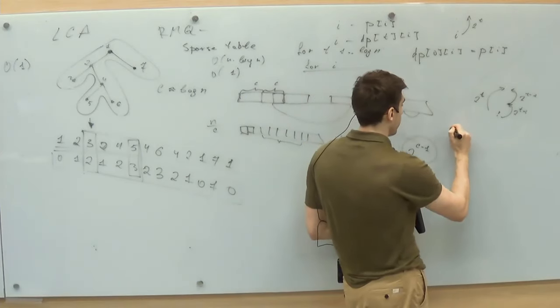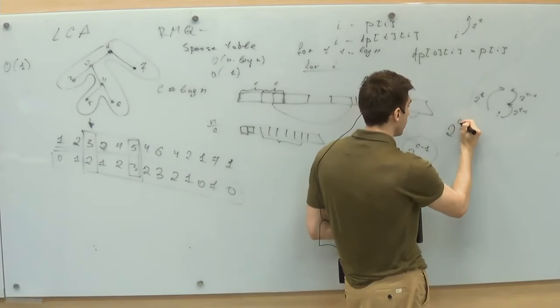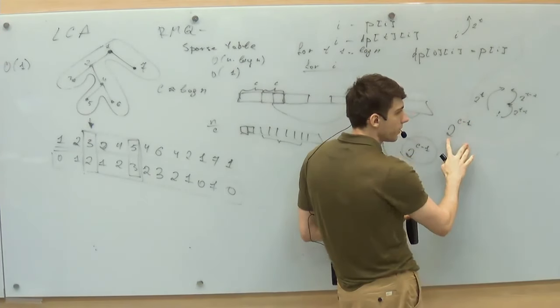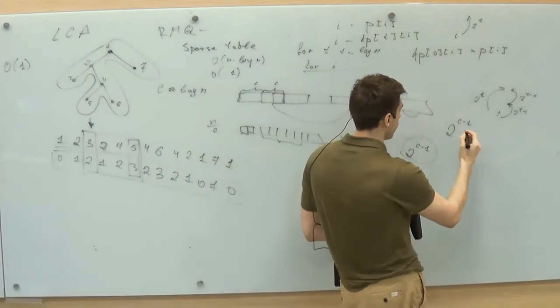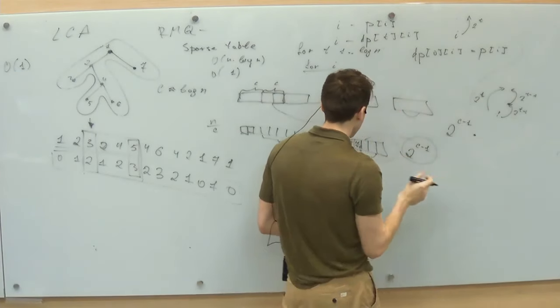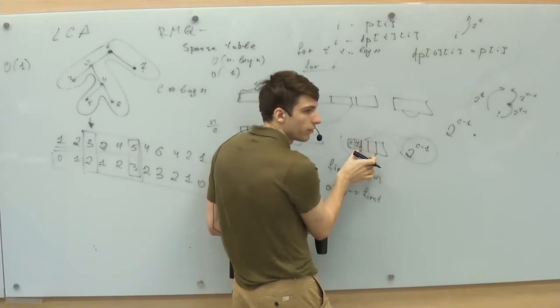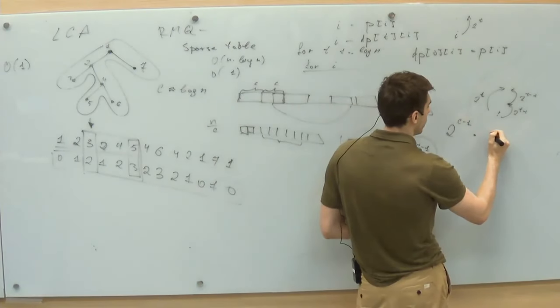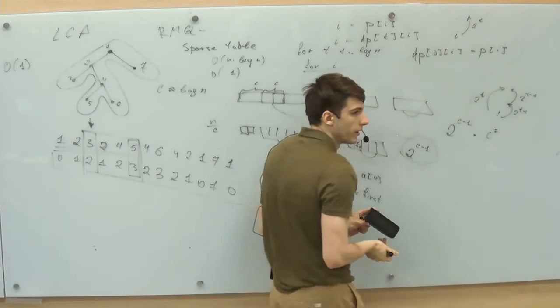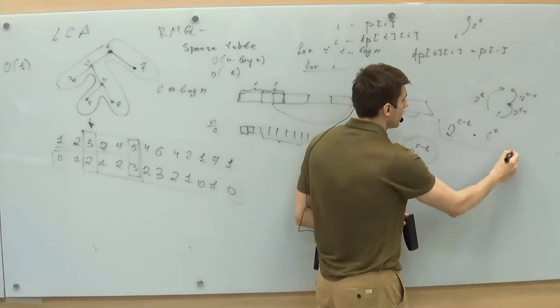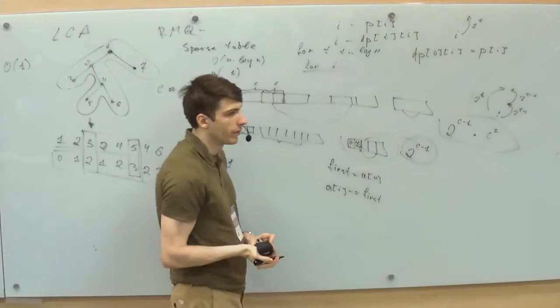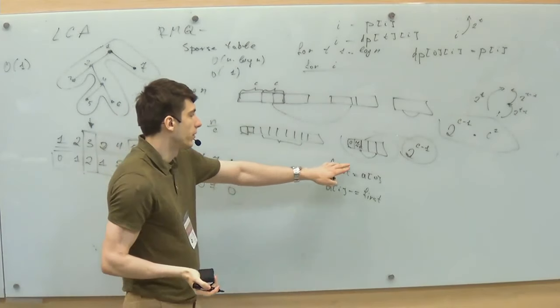So we just try any of them, and for any of them you also iterate over any pair of the indices, which will be like C square. And for all of these cases, you will remember what the minimum is.